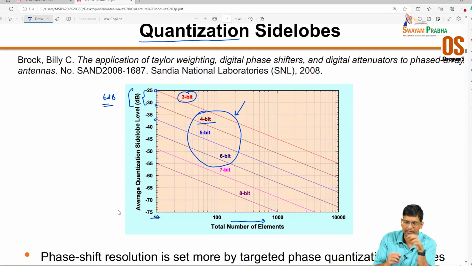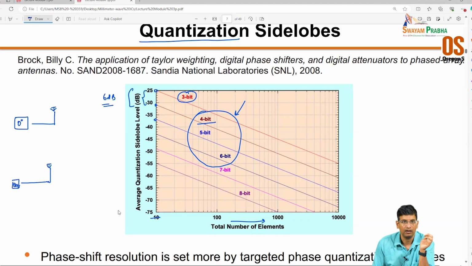If you think this way, right, let's say that your array number of elements is increasing. That means the spacing between your first and last element is increasing, right? I can do 0 degrees here and I can do theta res over here. But this spacing is now n minus 1 times d, right?